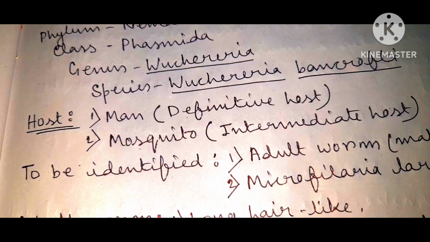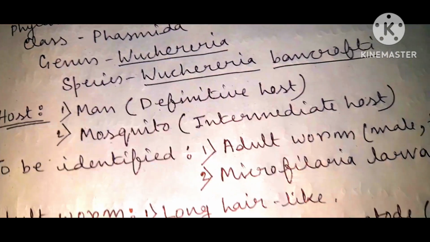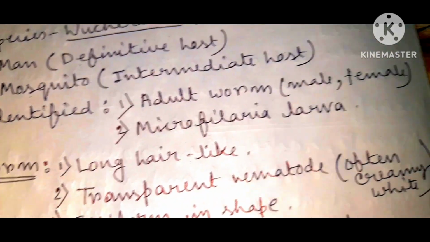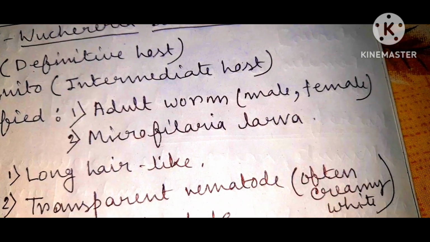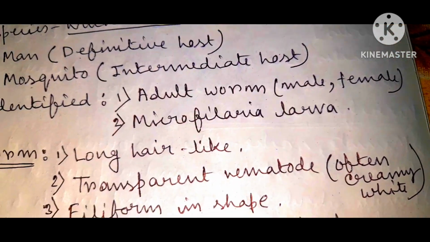The host of this parasite is man. Man is the definitive host and mosquito is the intermediate host. To identify this parasite: adult worm, male, female, and Microfilaria larva.